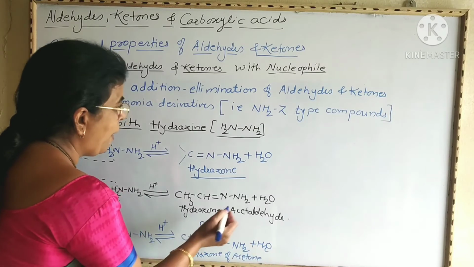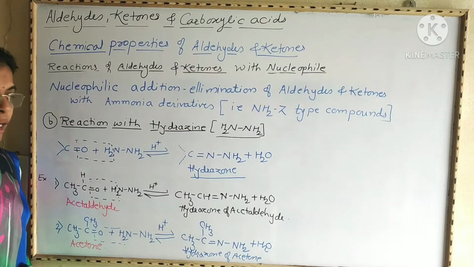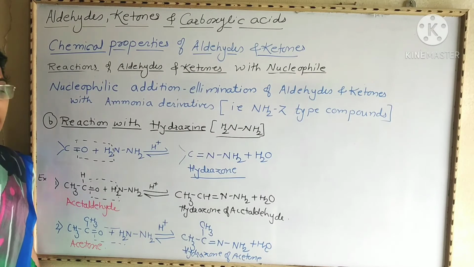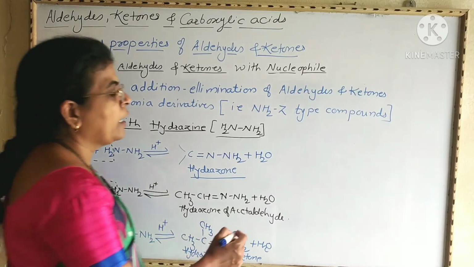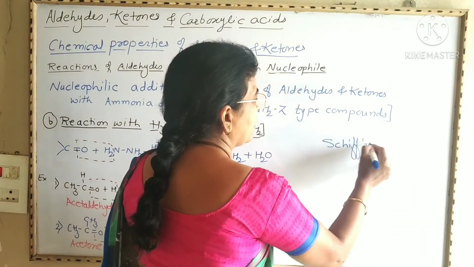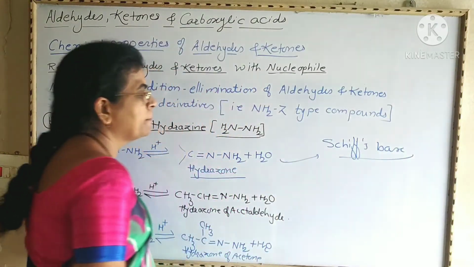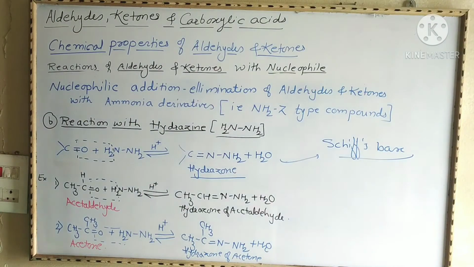These compounds, which are obtained by the reaction of aldehydes and ketones with NH2Z type compounds, are called imine derivatives, or they are also named Schiff's bases. These are Schiff's bases.